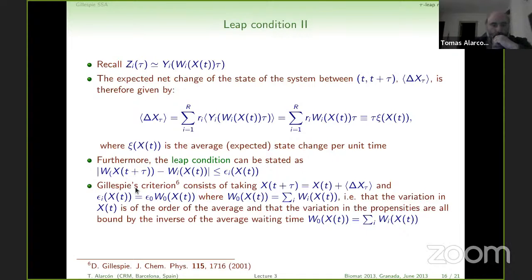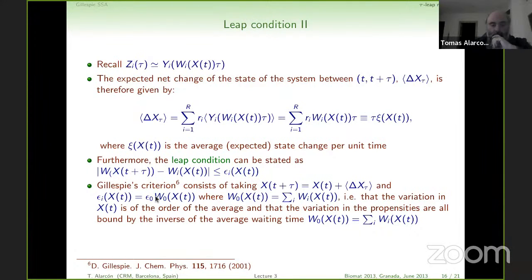So this criterion, Gillespie's criterion, consists of, first of all, considering that this bound, which in principle depends on i, is now something that doesn't depend on i. So the bound is the same for all the rates.